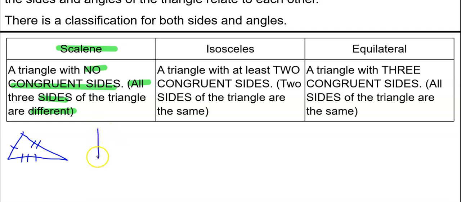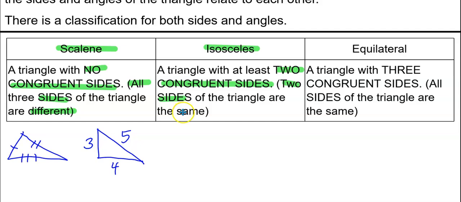You can also draw in a triangle and give it side lengths like 3, 4, and 5. All the sides are different, or no sides are congruent. That means scalene.